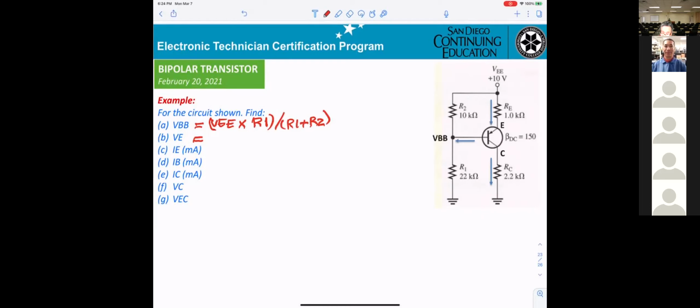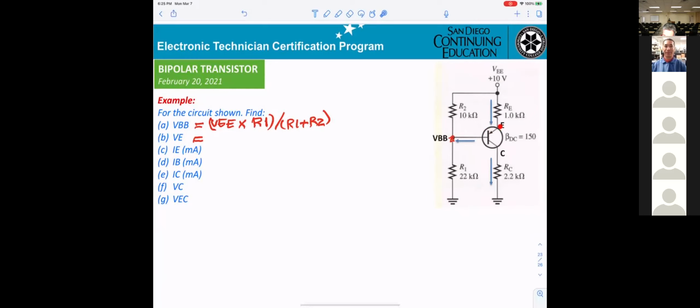Okay, now VE means what? If I give you guys a DMM, oh I see, I'm looking at the wrong thing. This is a PNP, right? I give you a meter, I want to measure VE. You connect the high side to E, low side to ground. So from VBB here to the ground, you already get the voltage, and the difference between E and B is 0.7.